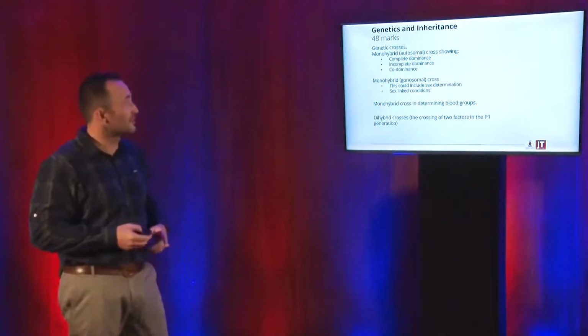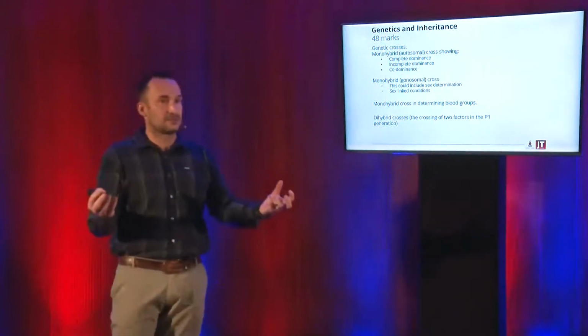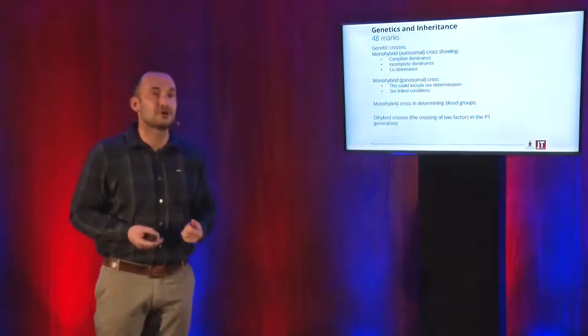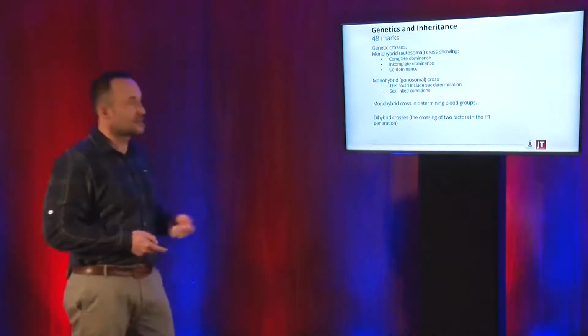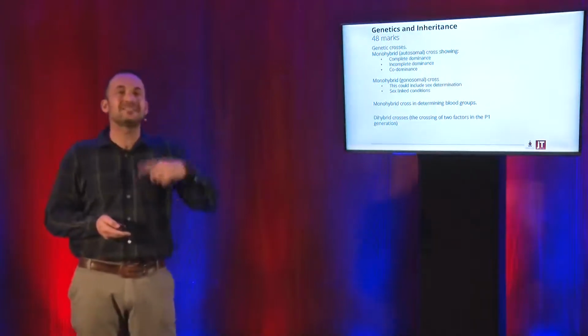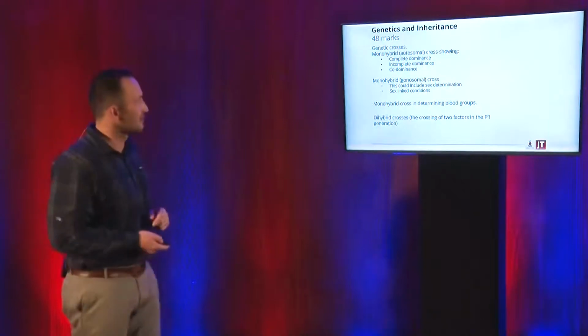Incomplete dominance is where we have two alleles where neither of them is dominant over the other, and an intermediate phenotype is expressed. Codominance is where each of them is equally dominant, and both of those genes are expressed in the phenotype.